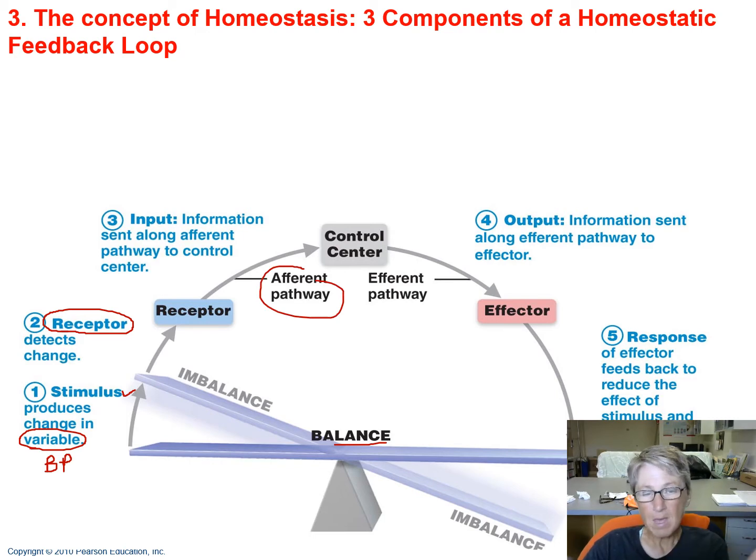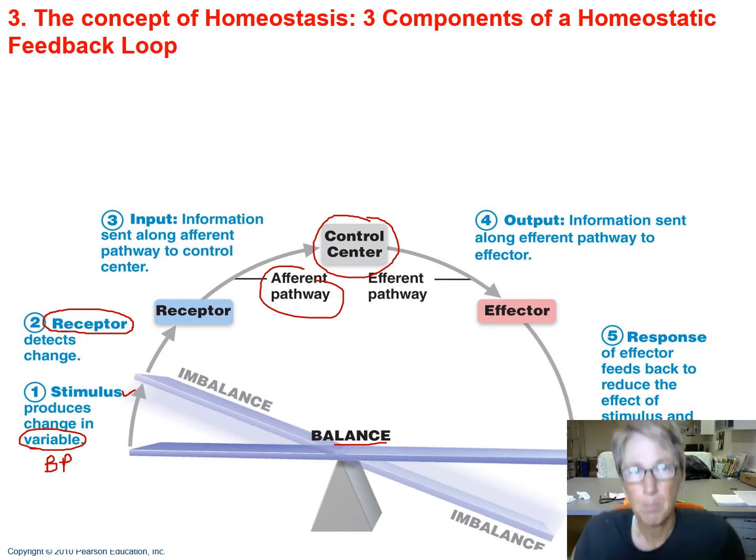That information about blood pressure travels along afferent neurons to the control center, which for now we'll call the blood pressure center in your medulla oblongata, so in your brain.